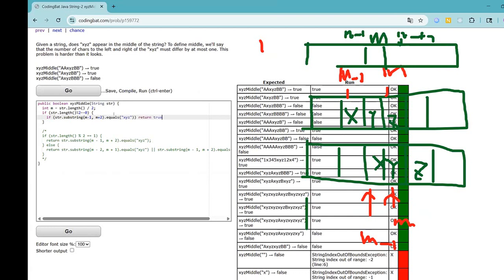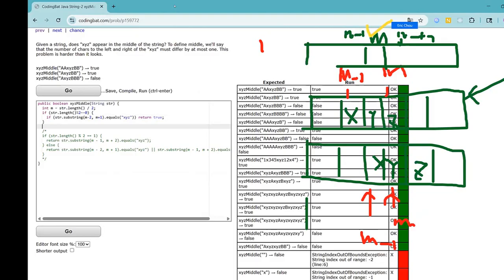So this case, this one covers this case. This case. M minus 1 to this M. Okay, I'm sorry, this one should be M minus 2 to M plus 1. And then the rest of that, you have two cases.